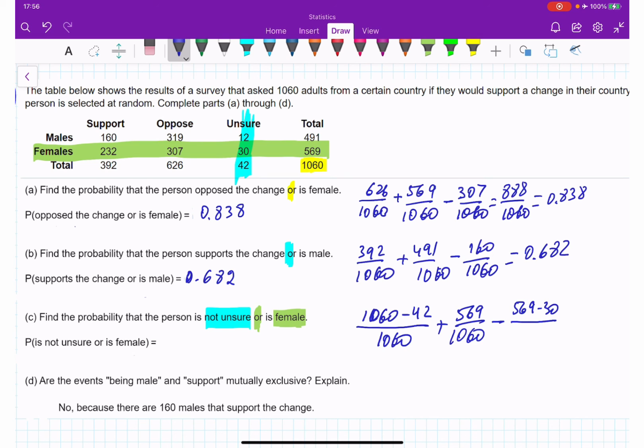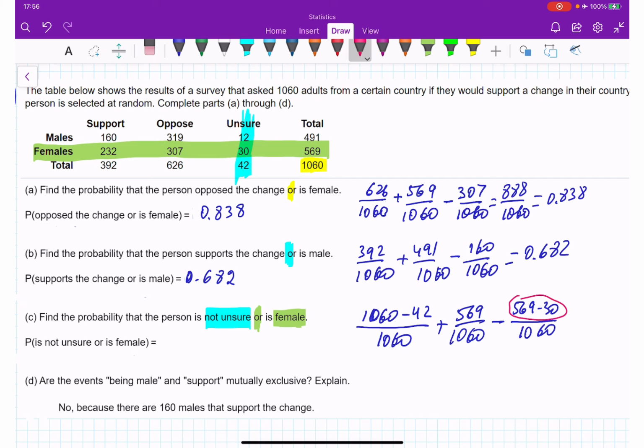Over 1060. Let me double check here. 569 minus 30, and we divide by 1060. Okay. Yeah, because we need not unsure one.